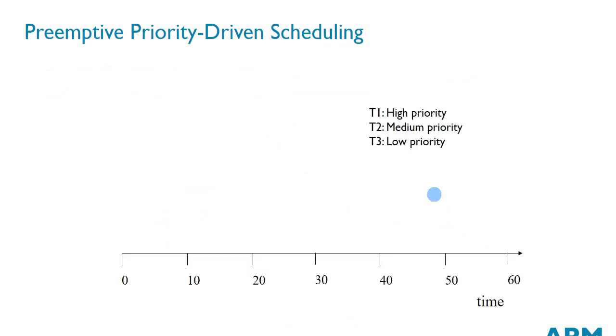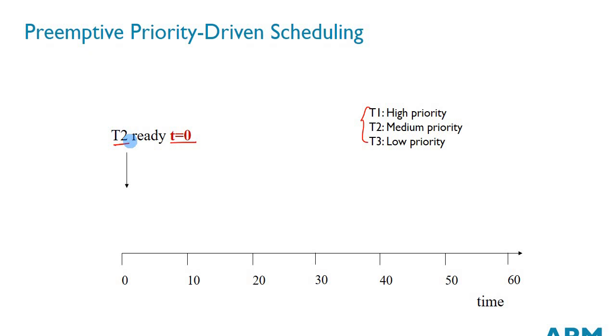Now let's look at this scenario here. I have three tasks, T1, T2 and T3, and the highest priority task is T1, followed by T2, followed by T3. In this example, the tasks are not all ready together at t equals 0. At t equals 0, only T2 is ready; the other tasks are not yet ready.